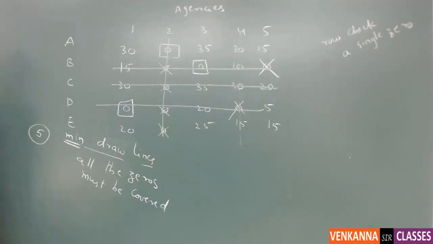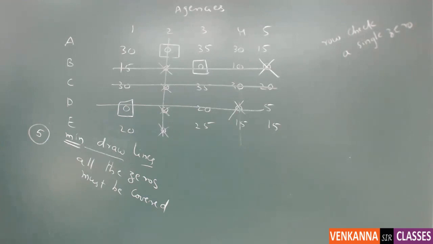Fine. Yes, we are taking all the zeros. That's why I have mentioned all zeros to be covered, including the allocations. So you can go for the lines in your case in drawing.